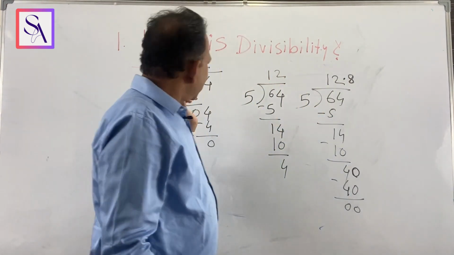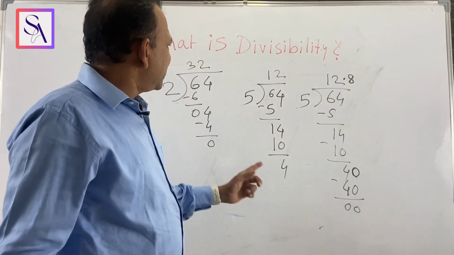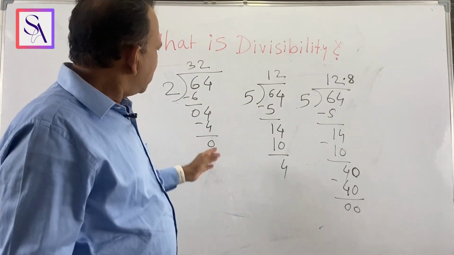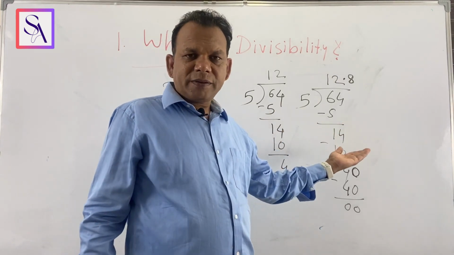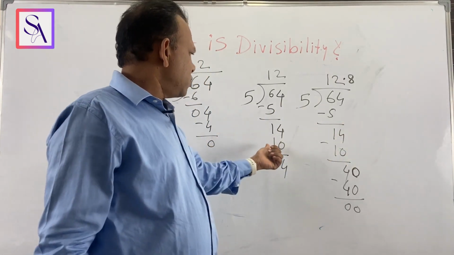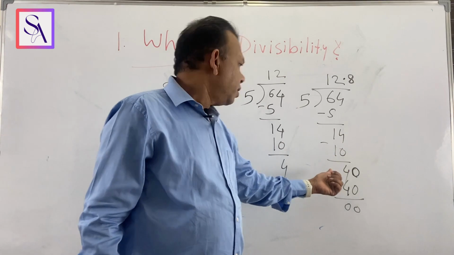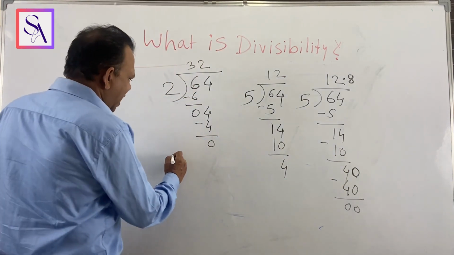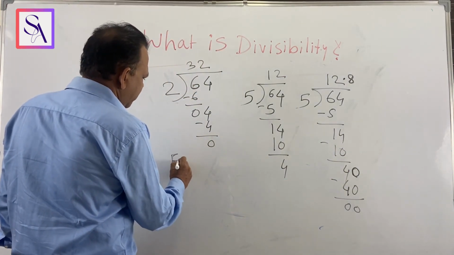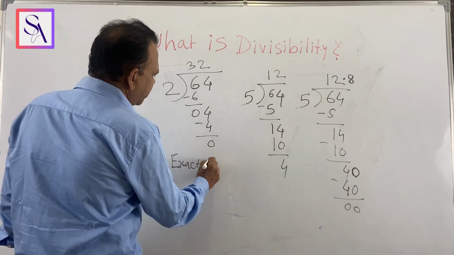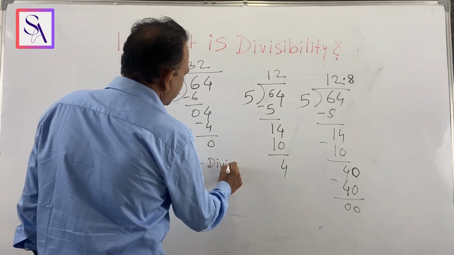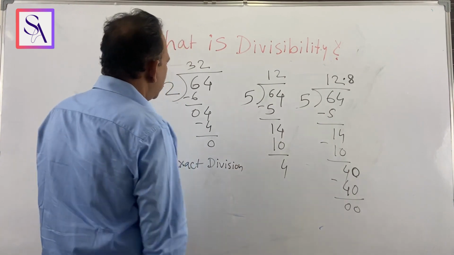There is a difference between all three divisions. All three are divisions, right? This is also a division, this is also a division, this is also a division, but this one is exact division. Why exact division?